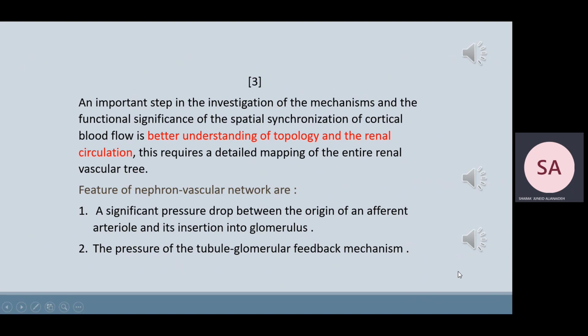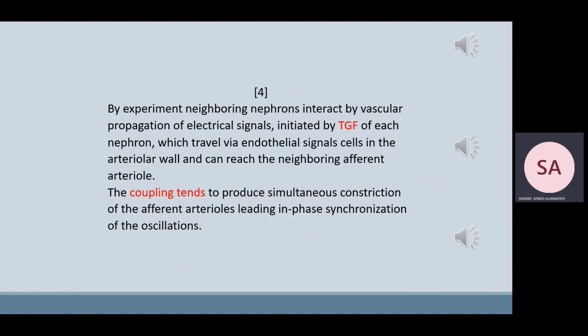The second feature is the presence of the tubular glomerular feedback mechanism. By experiment, neighboring nephrons interact by vascular propagation of an electrical signal, initiated by TGF in each nephron, which travels via endothelial cells in the arterial wall and can reach the neighboring afferent arteriole.